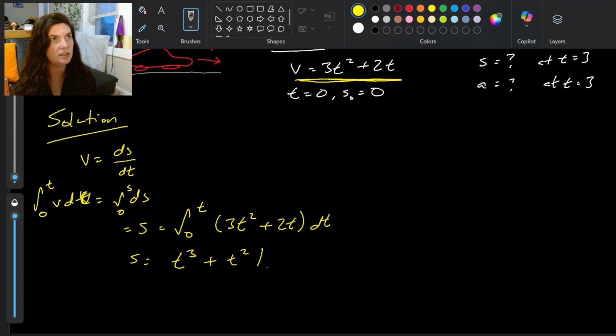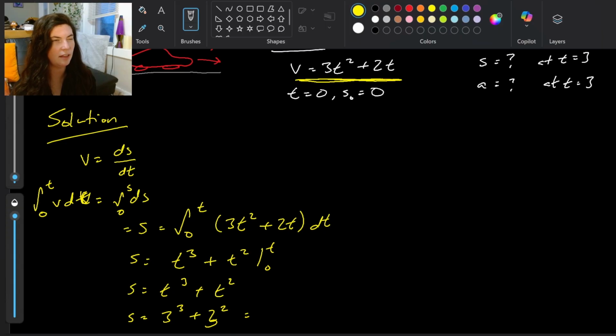T cubed plus t squared from 0 to t. This is actually what it gives me: t cubed plus t squared. And now I could have, again, set my bound at 3 since I wanted to know position at 3, or I could just plug it in now. So I get my position is going to be 3 cubed plus 3 squared.